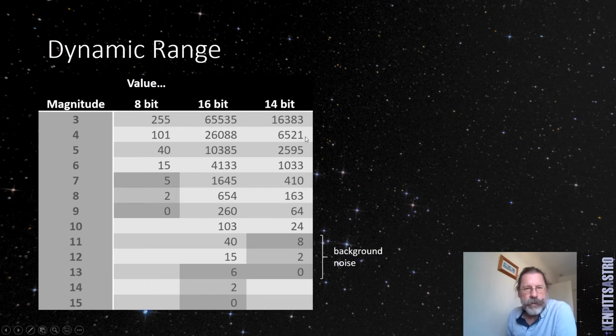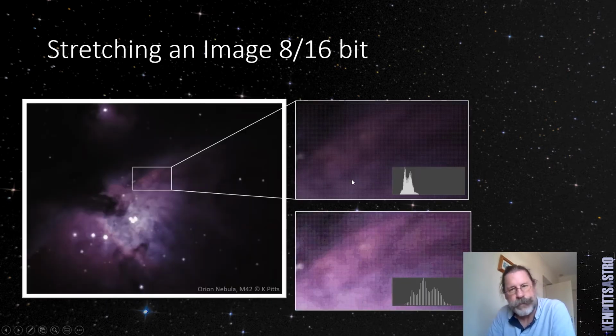Now, even a good RAW file is only 14 bits, so doing the same exercise there, you get from a 3rd magnitude down to about a 10th magnitude on a standard kind of RAW image. So that's one problem, is that it doesn't give you a very big dynamic range to enable you to see really, really faint objects, at least not with any clarity.